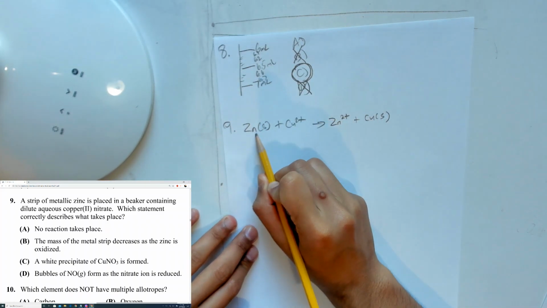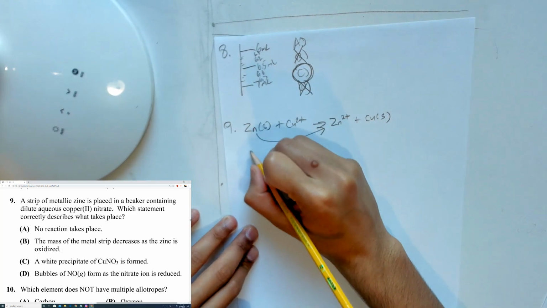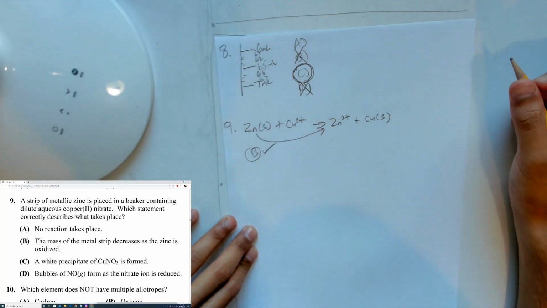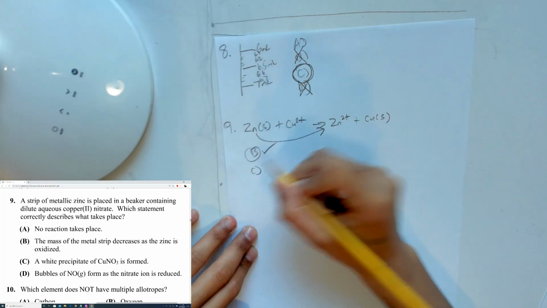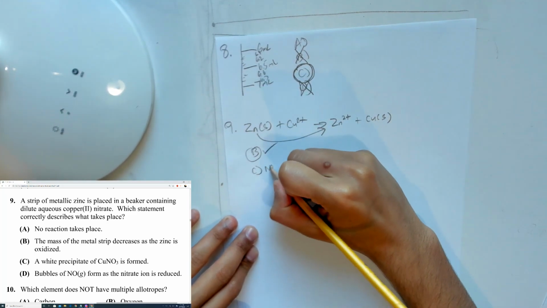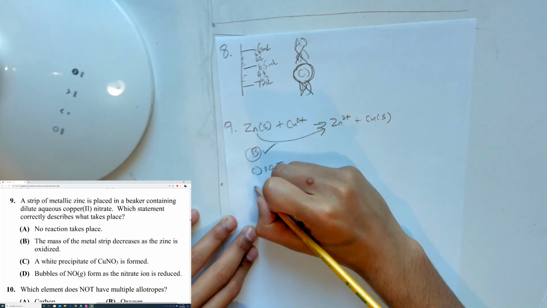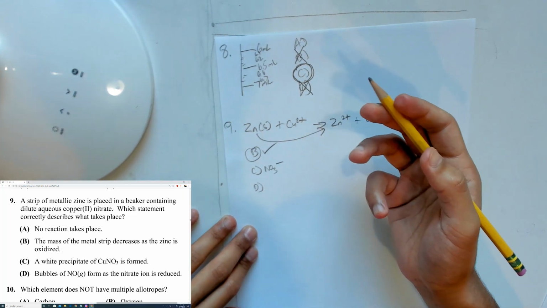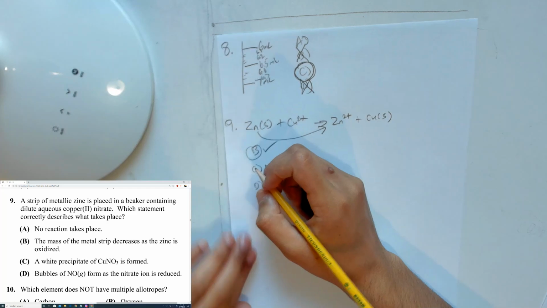From solid, you're forming more ions in solution, and the zinc is oxidized. So B is our safe answer. A white precipitate of copper nitrate? No, this is wrong. Nitrates are always soluble in water. Bubbles up? No. No need to overthink it there. So it's B.